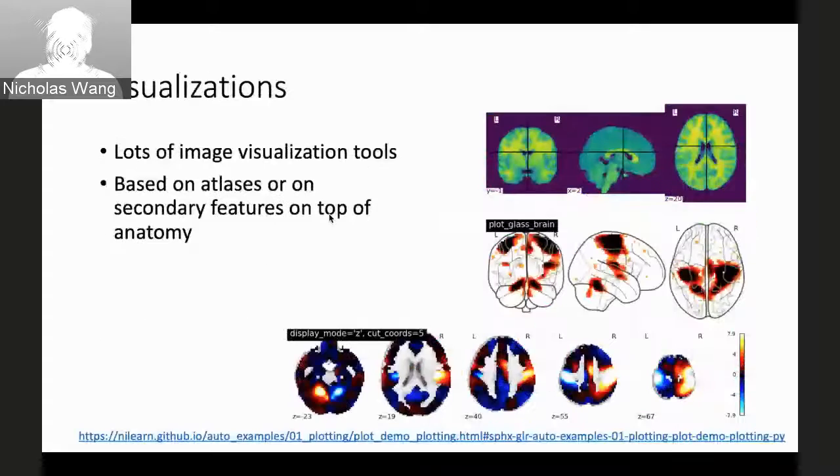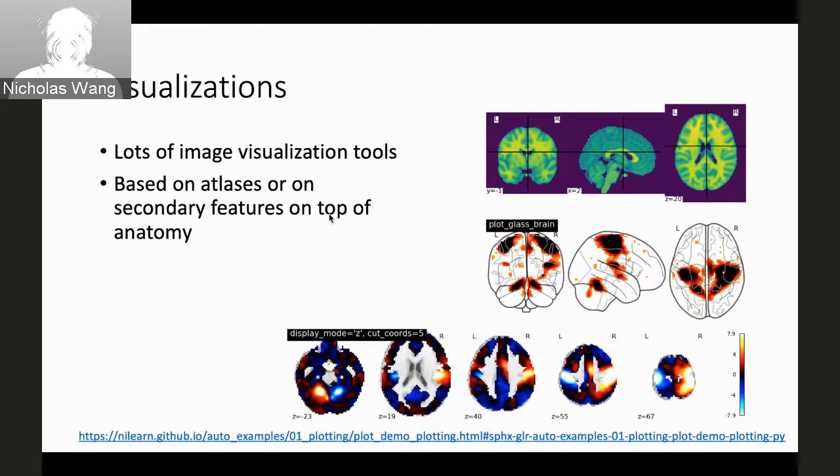And so a nice thing is there's a lot of visualization tools because it's difficult to take 3D volumes and present them as nice summary 2D images, particularly when you have both structure and then further on you have features you may want to record about these different areas of the brain.